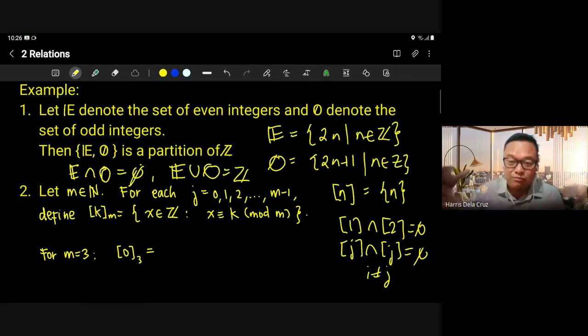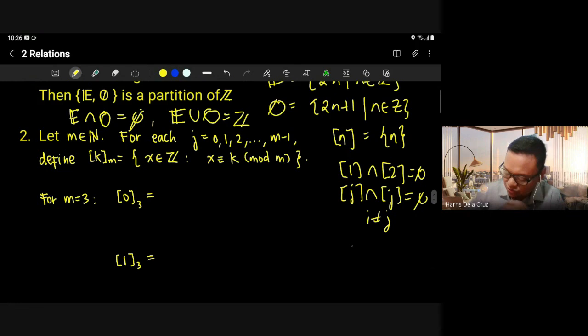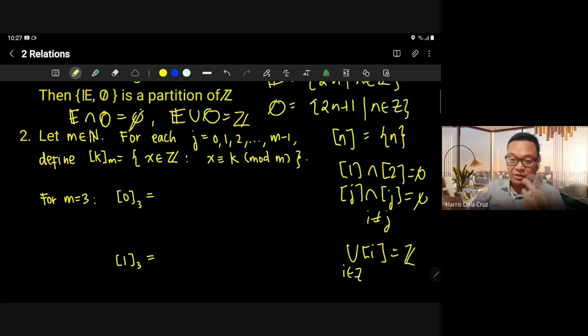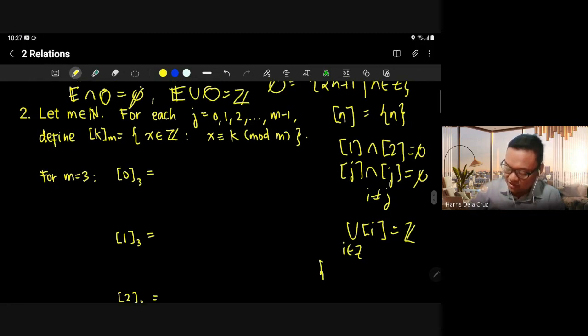And if we combine all of them, if we get the union of all C sub i for all i in Z, you get the whole set of integers. So, it is a partition.